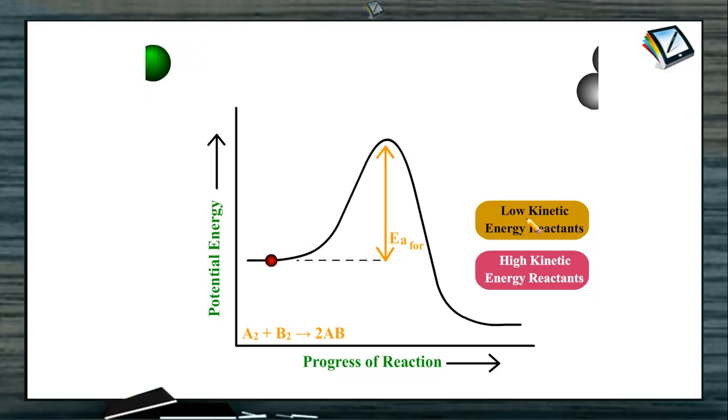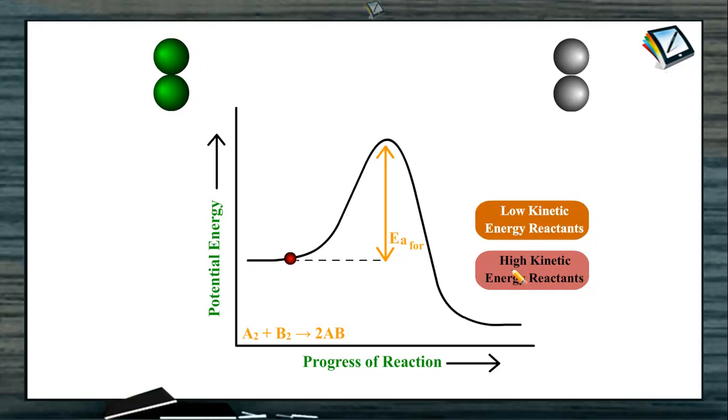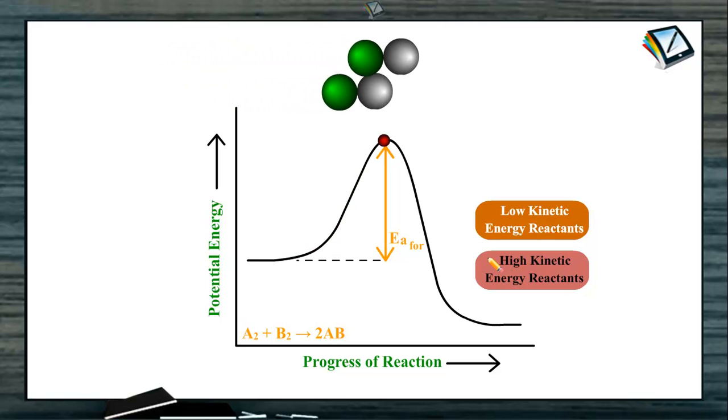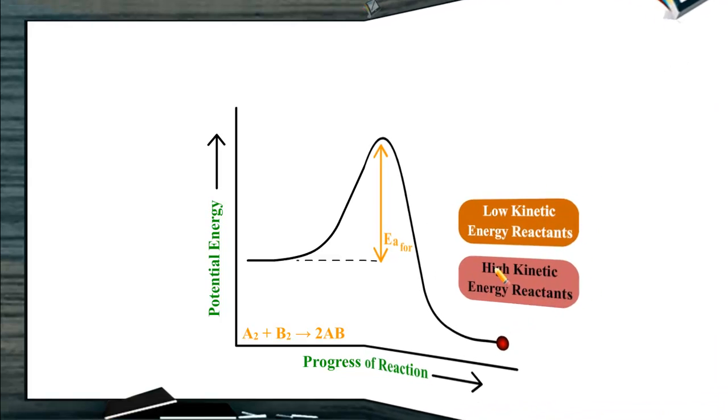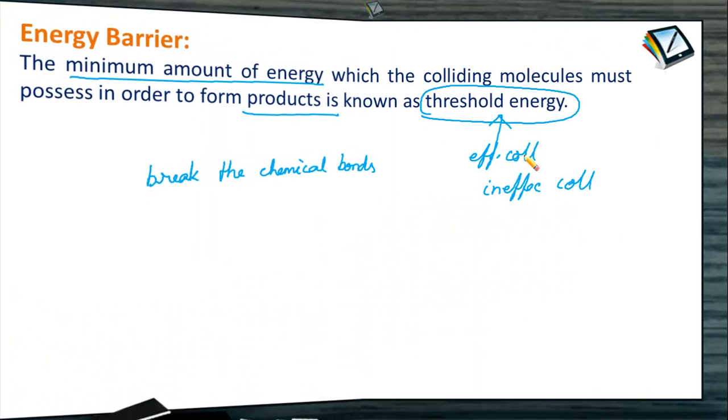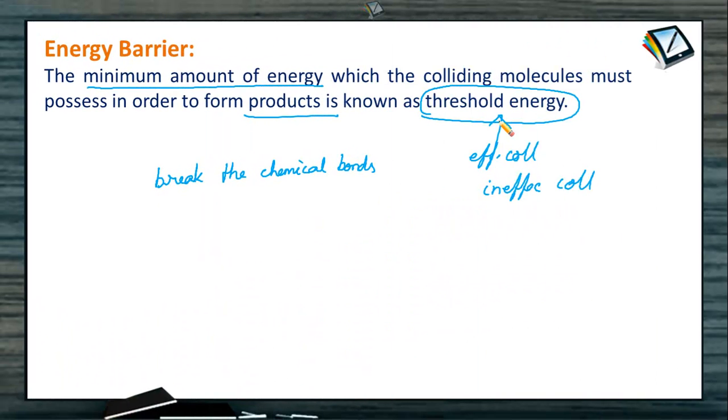So only normal collision, no product formation. They are rebounding back. See, when they possess high kinetic energy, they are crossing the energy barrier in order to form the products. And that is the difference between the normal molecules and the activated molecules. So only effective collisions lead to the formation of the products.